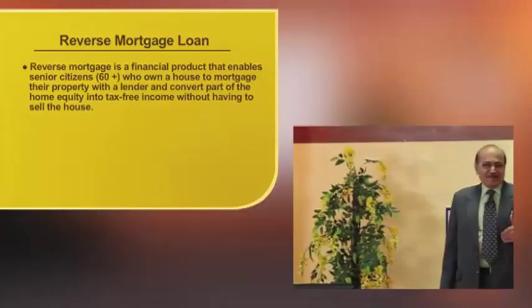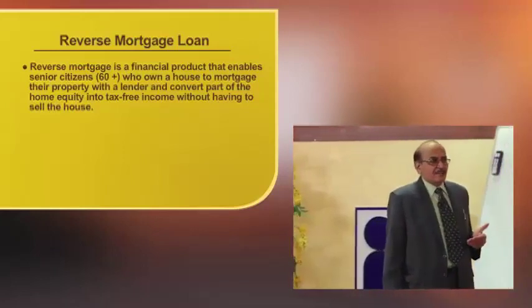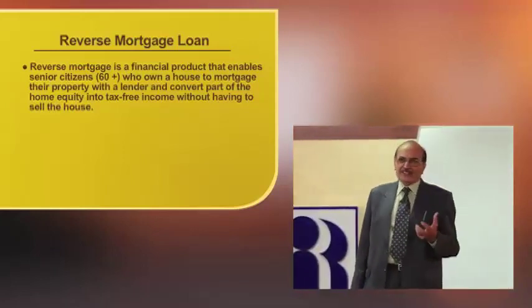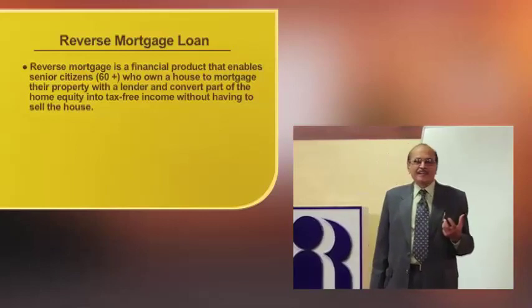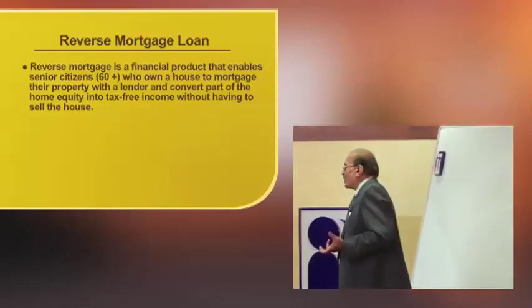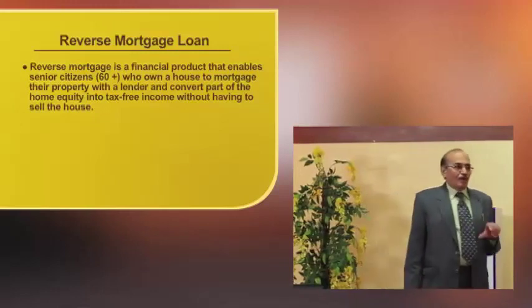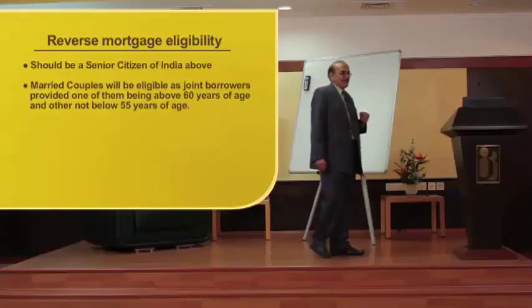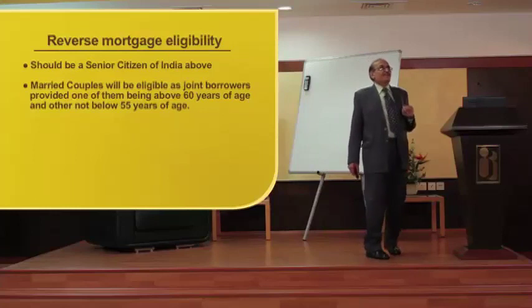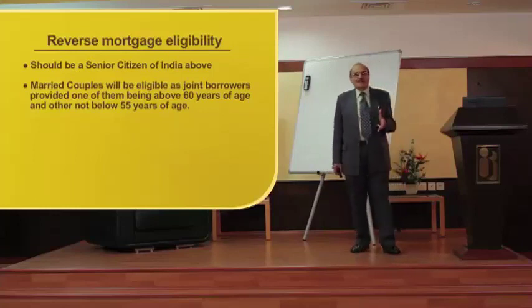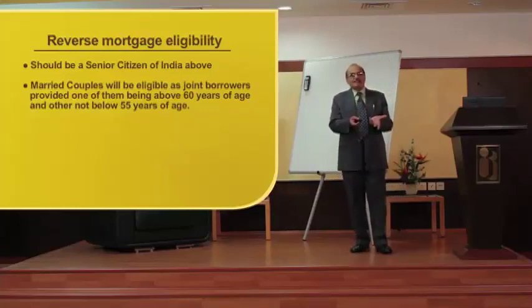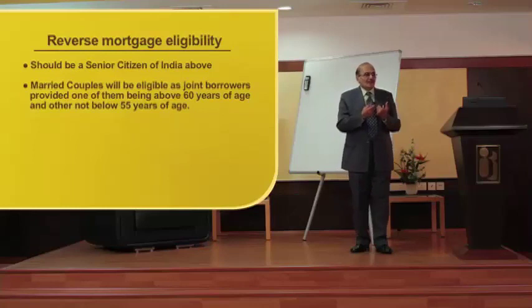So they can, in case of necessity, convert their existing home equity into tax-free income without having to sell the house. So one may wonder how it can be done. It can be done by approaching a banker, giving the documents and availing the loan.